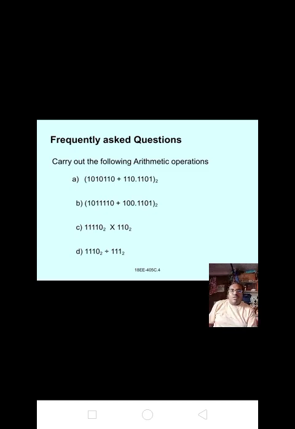Carry out the following arithmetic operations: 1 0 1 0 1 1 0 plus 1 1 0.1101, 1 0 1 1 1 0 plus 1 0 0.1101, 1 1 1 1 0 plus 1 into 1 1 0, 1 1 1 0 divided by 1 1 1. These are the frequently asked questions in our previous examinations.